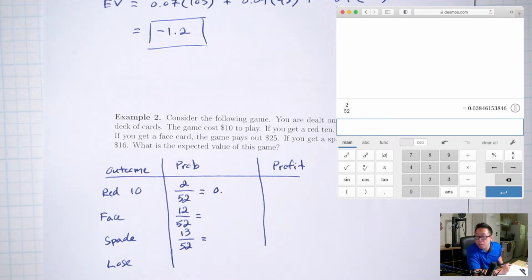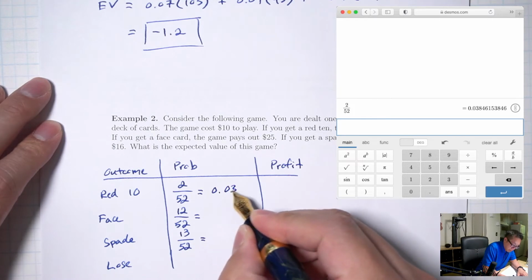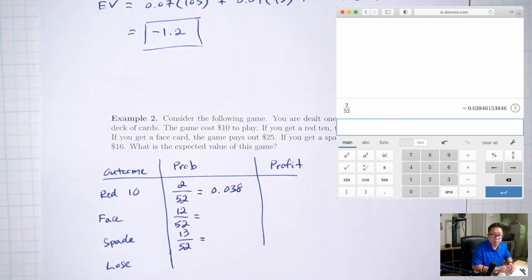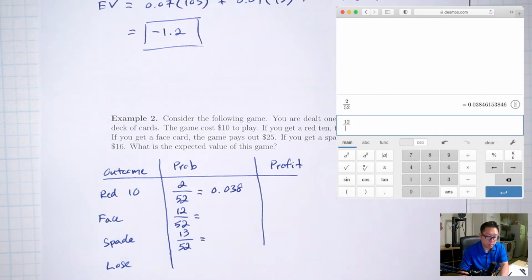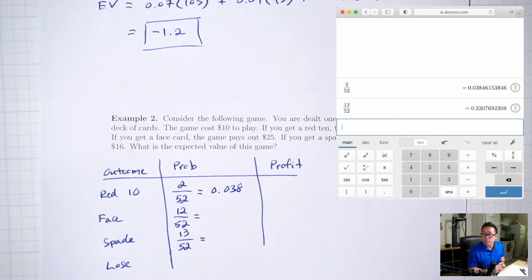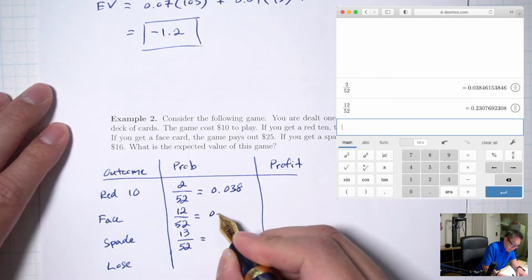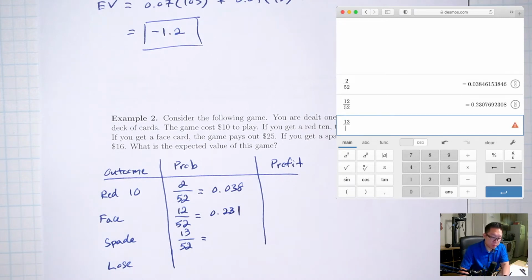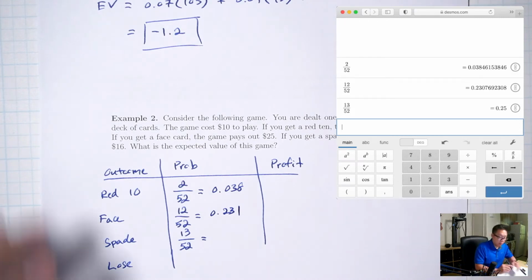This would be 0.038. Face, 12 divided by 52. 0.231. Spade, that's 13 divided by 52. 0.25.